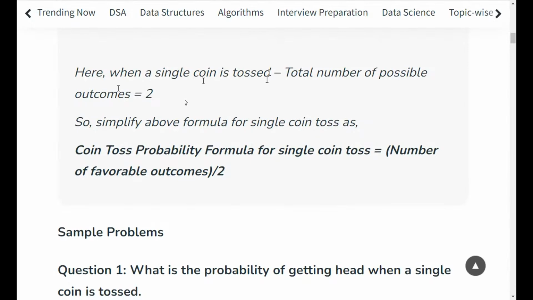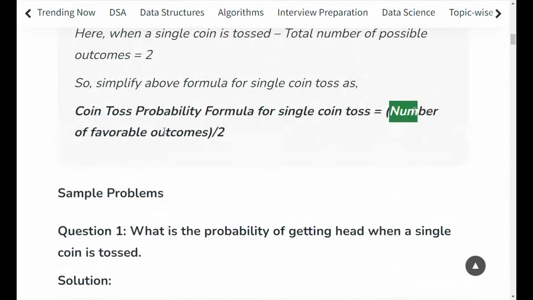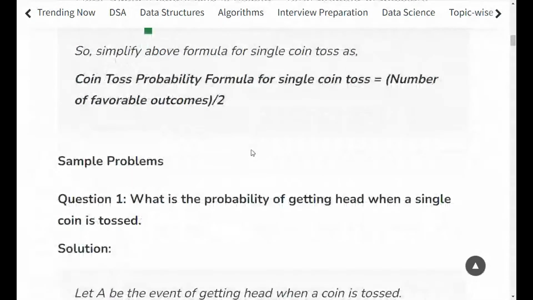When a single coin is tossed, the total number of possible outcomes is 2. So simplify the above formula with this: the number of favorable outcomes divided by 2. So we got one number, that is the denominator.